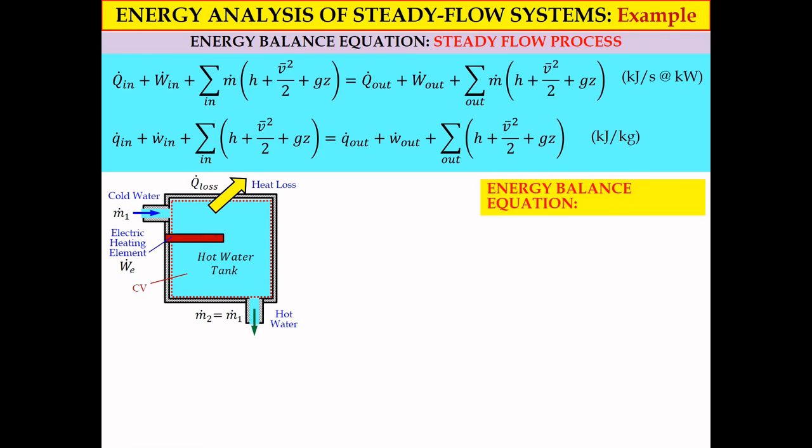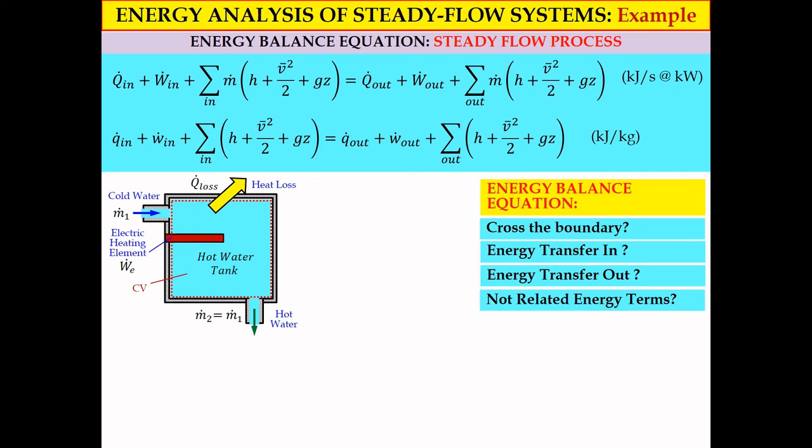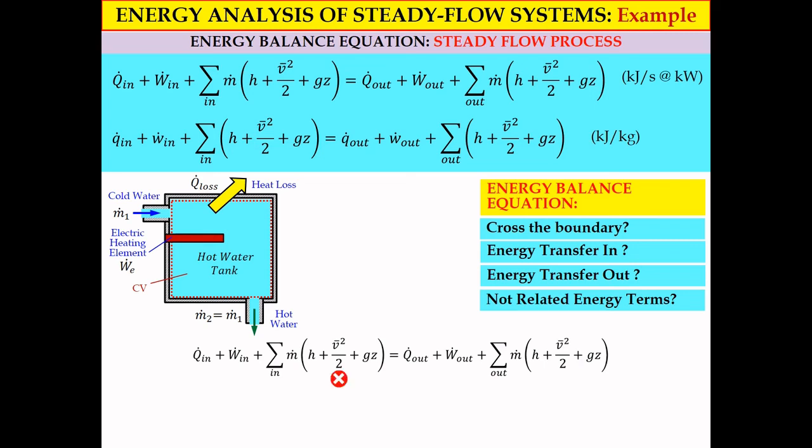Now we try to simplify the energy balance equation based on this specific system. We need to identify which energy crosses the boundary, which energy transfers in, and which transfers out, and also which energy terms are not related to the system. So we write the full energy balance equation for the open system. For this system, we neglect the terms for kinetic energy and potential energy for both inlet and outlet.